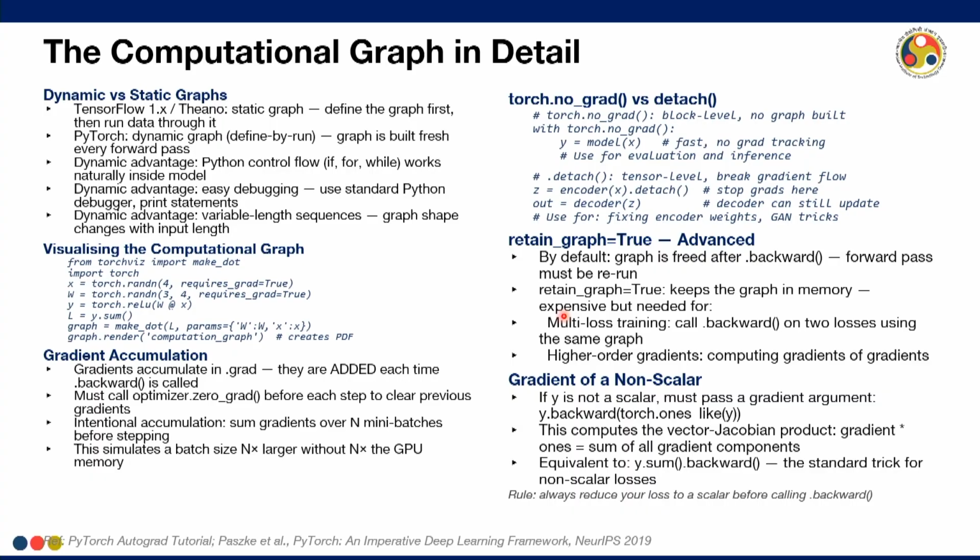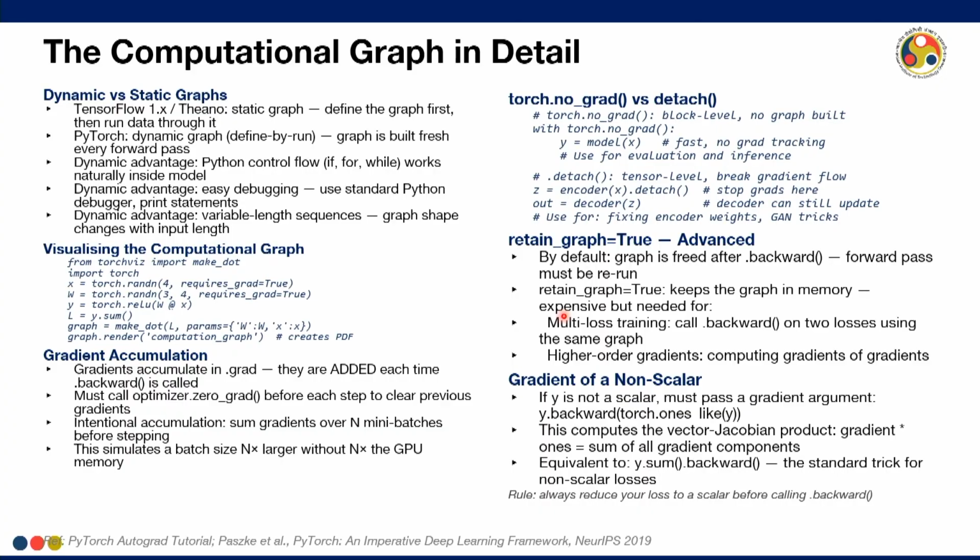Higher order gradients, so computing gradients of gradients, will also be facilitated by retain_graph=True. If y is not a scalar, you must pass a gradient argument to y.backward, for example torch.ones_like(y).